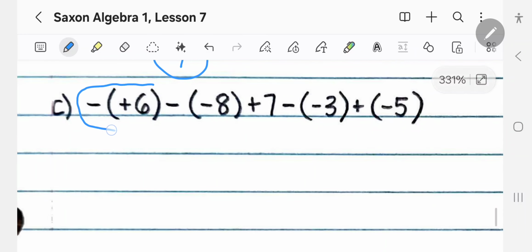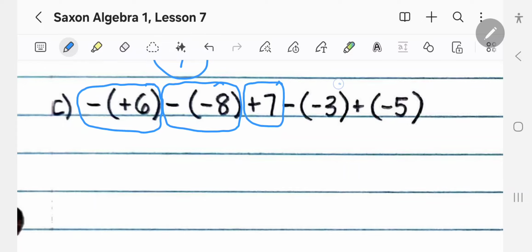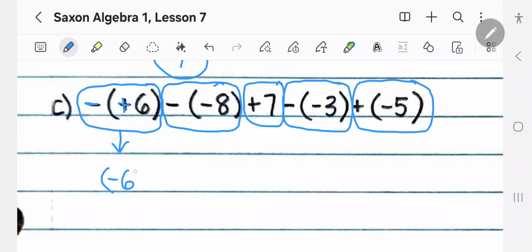C, I have a thing here, a thing here, a thing here, a thing here, and here. Simplify this. I have the opposite of positive 6, which would be negative 6.